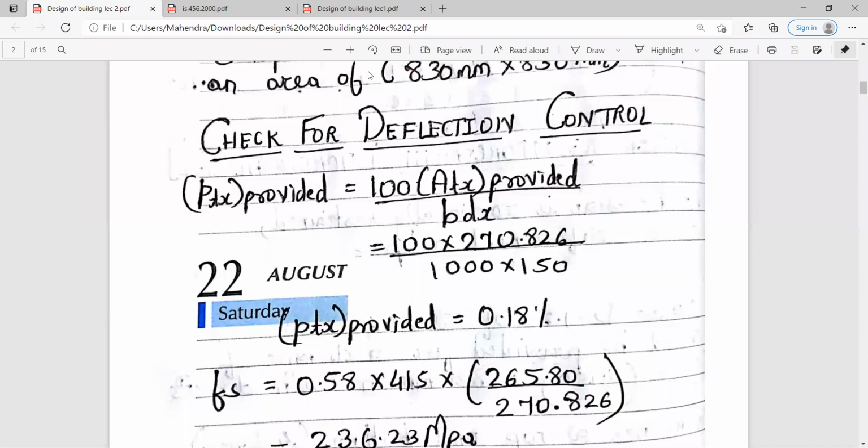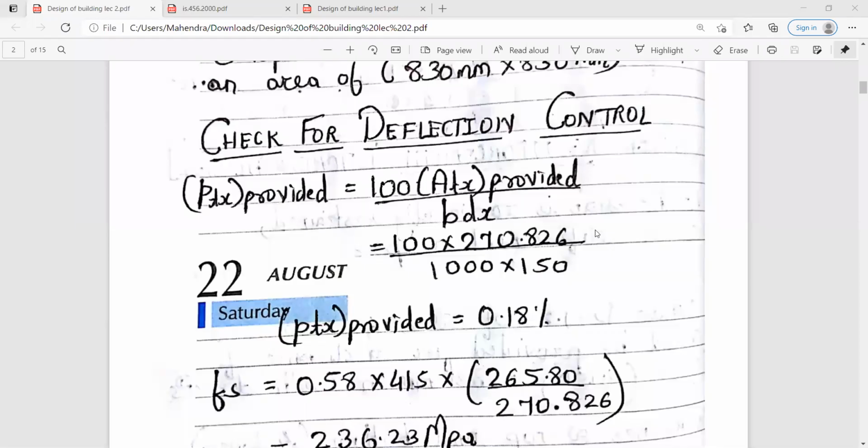ATX you had got, that is 270.826 in the previous step, upon B, that is 1000, and effective depth in the x direction, that is for the shorter span you have considered it as 150, which you got earlier in step number 3. So percentage provided, that is 100 into ASD provided upon B into dx. From this you get the percentage provided as 0.18%.